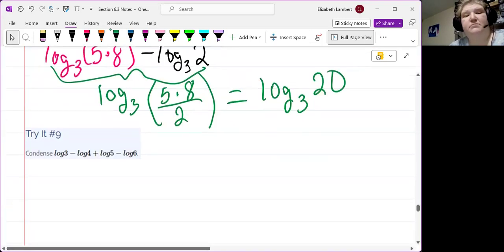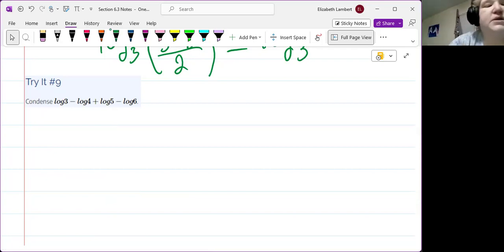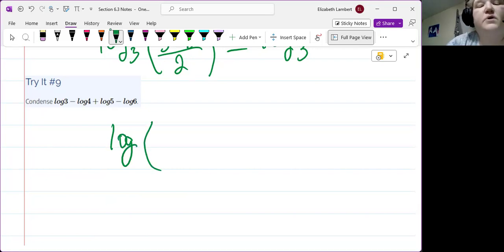All right. Now we have another one. Now this one has a lot more going on, but I say these are all log base 10, the invisible base. I say we just throw them all together at once. So this will be the log of 3 on top. Then it's minus log of 4. So the 4 goes on the bottom.